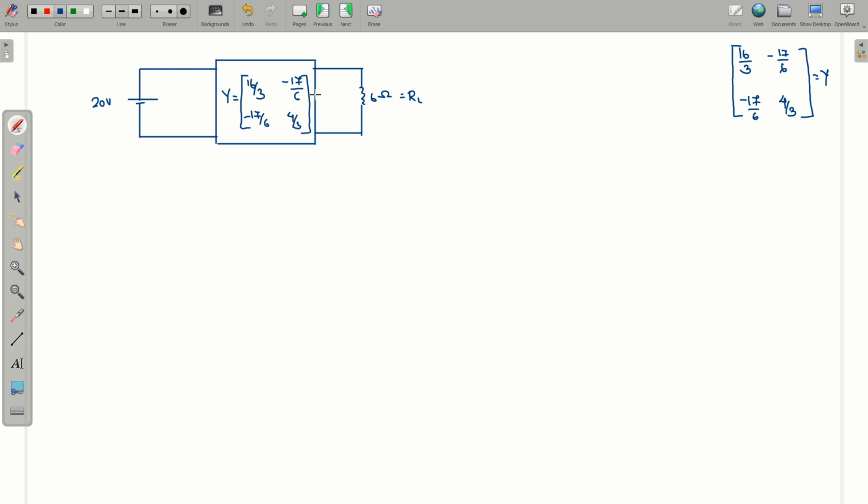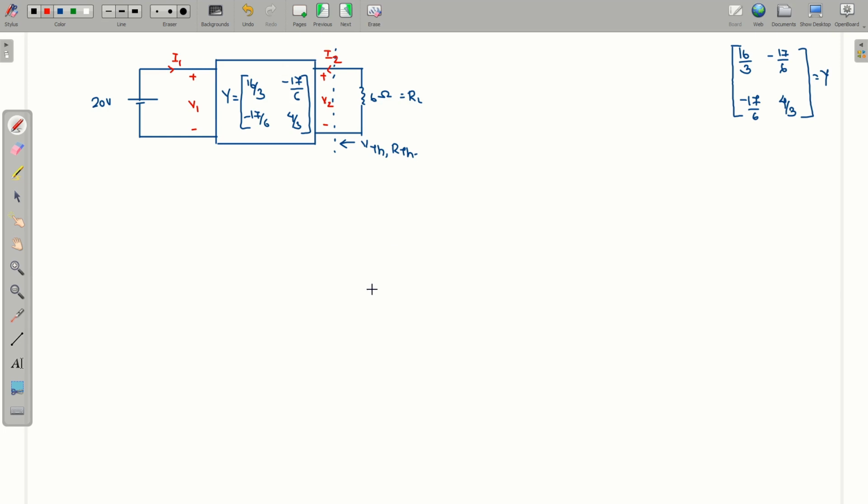So now I have to calculate what? I have to calculate the power delivered from this 20 volt to this load resistance. So for that, I am going to calculate the Thevenin equivalent circuit, that is VTH and RTH. Let this be V1, this be I1, and this be V2, and this side be I2.